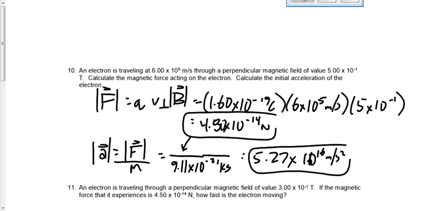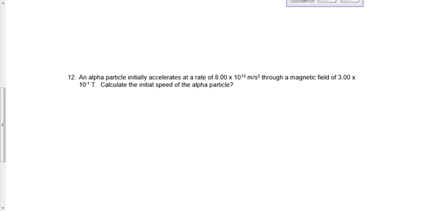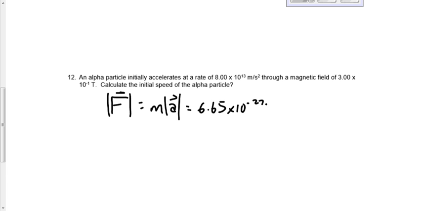Number 12. An alpha particle initially accelerates at this rate. What's the initial speed of the alpha particle? Well, let's just say kind of the other way around here. We can find the force using m times a, right? We have the acceleration, we have the mass of the alpha particle. 6.65 times 10 to the minus 27 kilograms times 8 times 10 to the 13 meters per second squared.